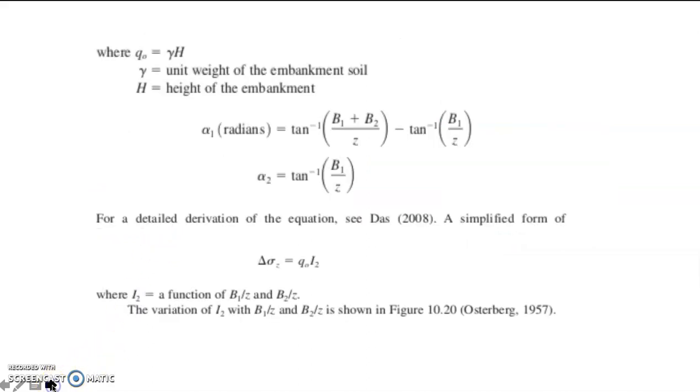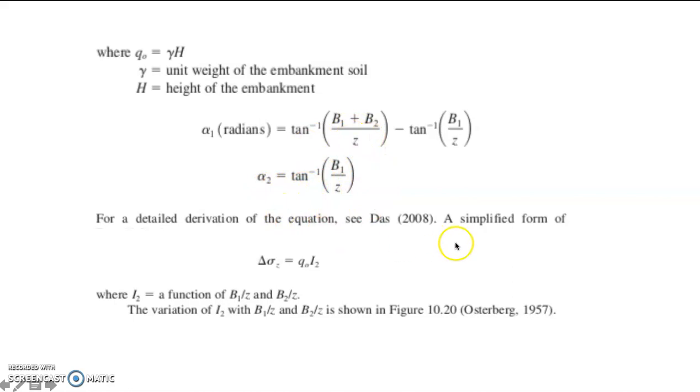Our sigma sub o is gamma times h, the unit weight of the soil of the embankment and the height of the embankment. Our alpha 1, which is in radians, we have this equation, and for alpha 2 we are given this equation.